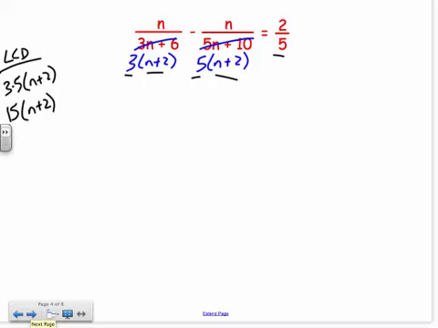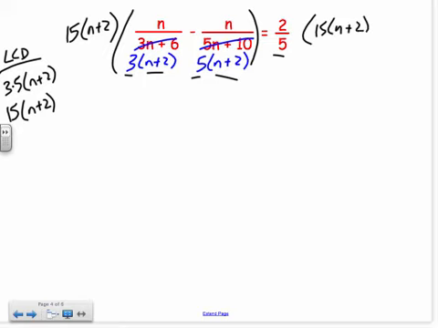So I'm going to take this left side times 15 times n plus 2. And I'm going to take the right side times 15 times n plus 2. Let's take a look and see what happens here.